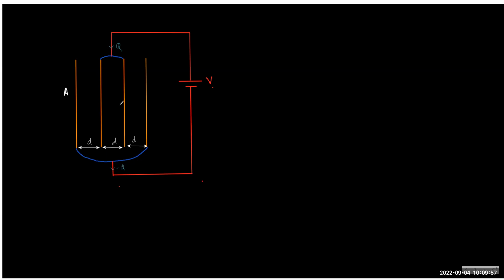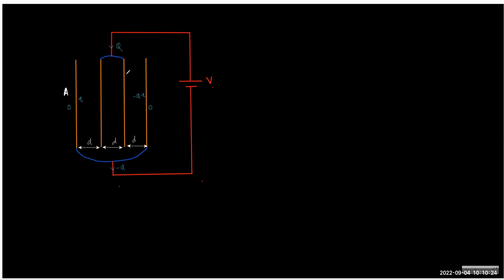So the best way to start is from the outermost plate. Why? Because the outermost will have minus Q as the net, but outermost will have 0 here. So if I assume some value here, Q, this will be minus Q. So that is done. We know the answer, and therefore the facing plate we know the answer.